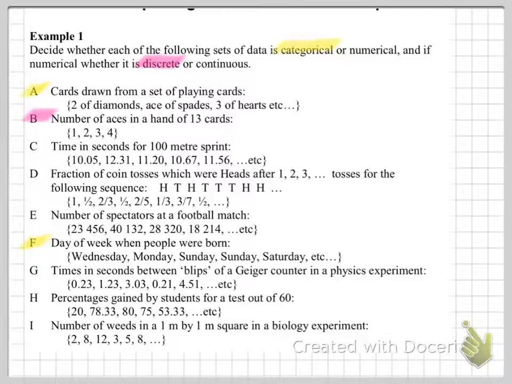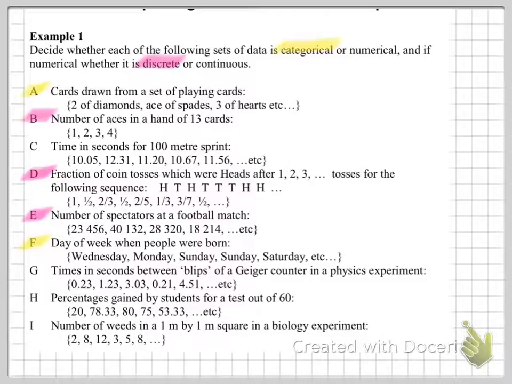Whereas D, the fraction of coin tosses, will be again discrete, and E, the number of spectators, is discrete. G is again time in seconds, and the measurement of those seconds obviously can go on to a number of decimal places, so therefore it's continuous.